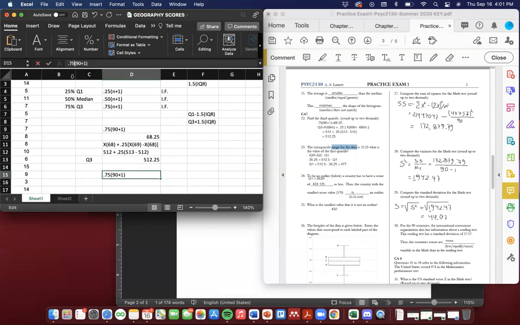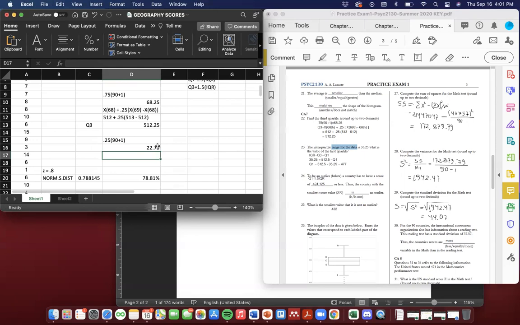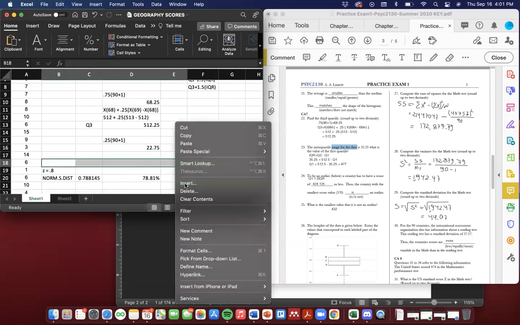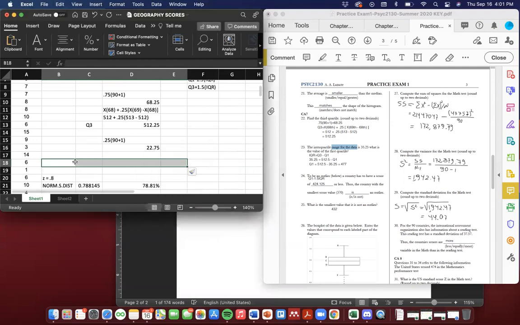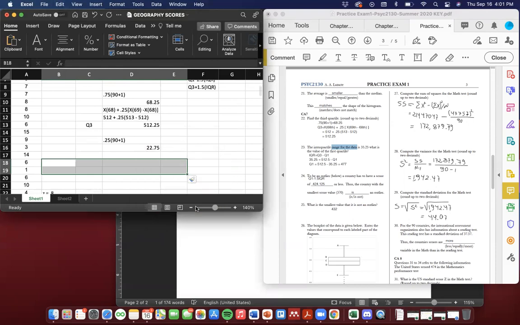Instead of 0.75, what will that give us? 22.75.